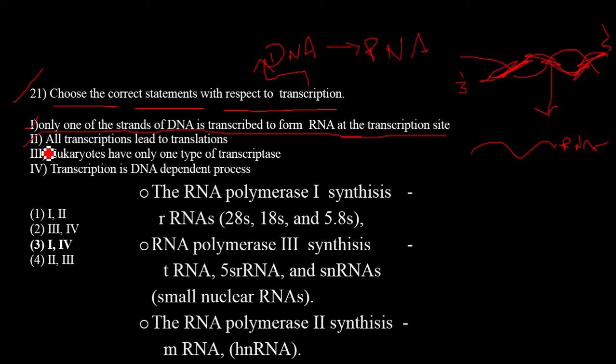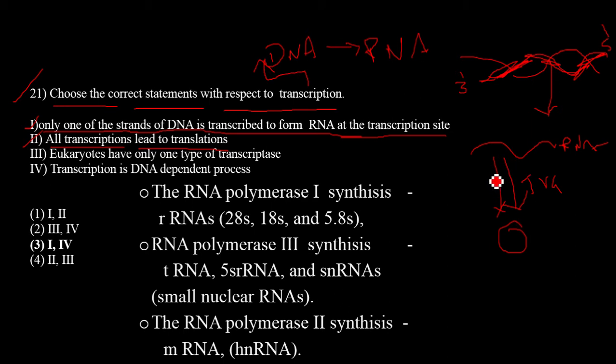Next, the second statement: all transcriptions lead to translations. No, not all RNAs which are formed by transcription are involved in translation. There is regulation of gene expression at different levels. When protein is required, then only the RNA is involved in translation and forms the protein.